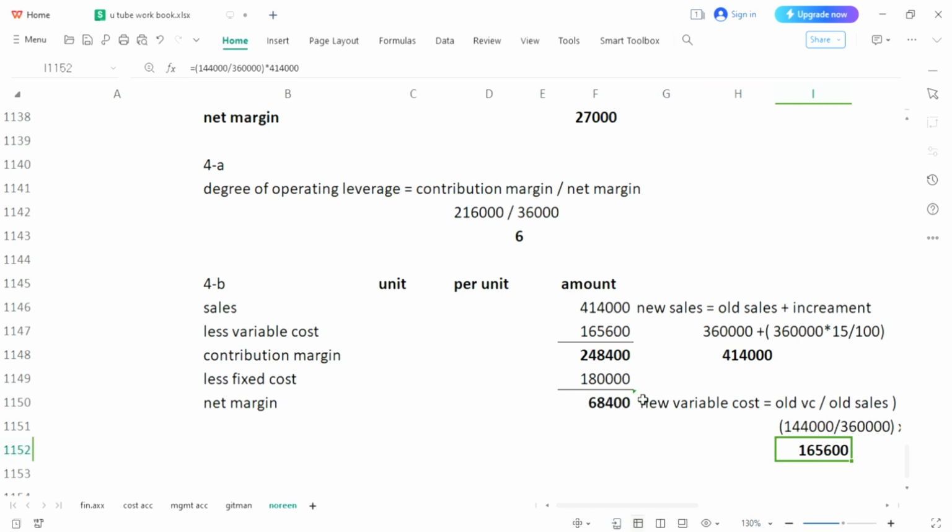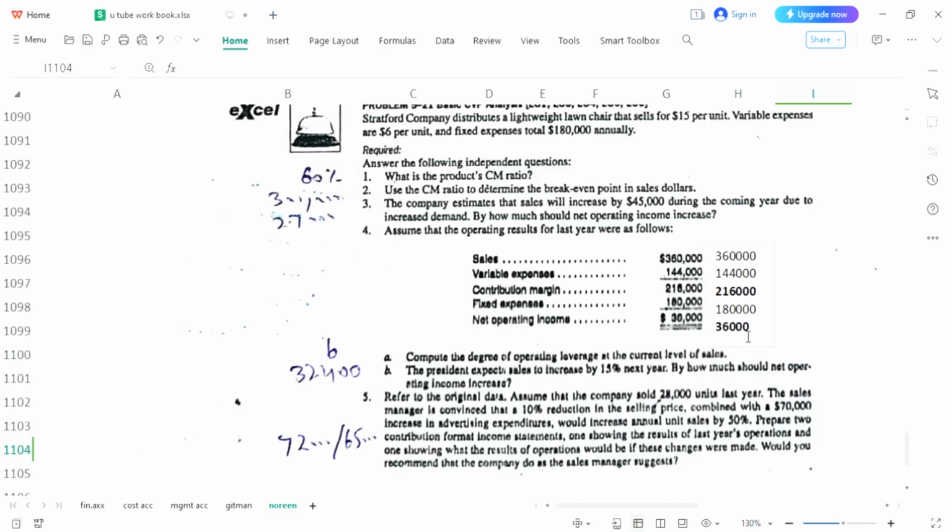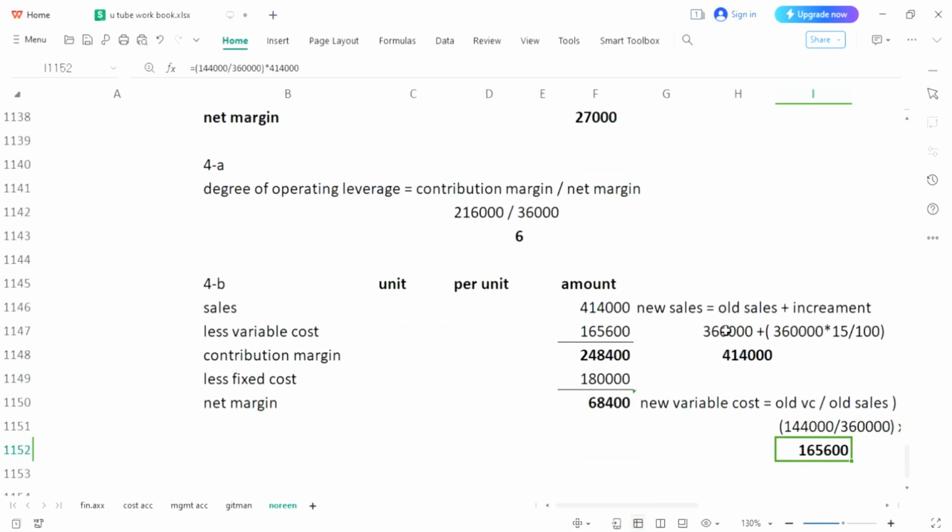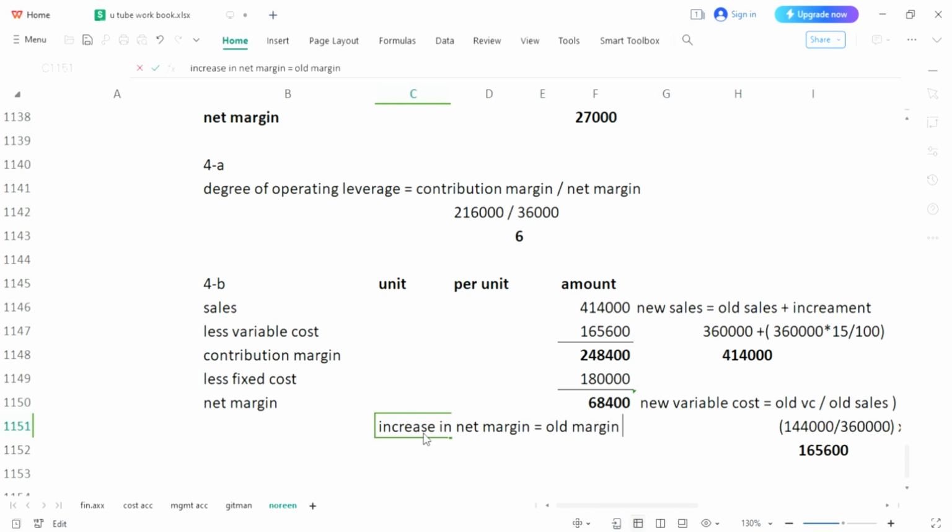The old net profit was 36,000 and the new net profit is 68,400. So we will see how much increase has been made. For the increase in net margin, we will see how much was the old margin and subtract it from the new margin.